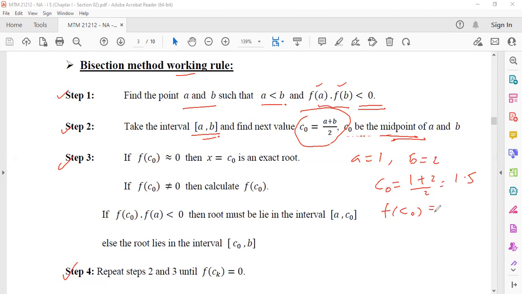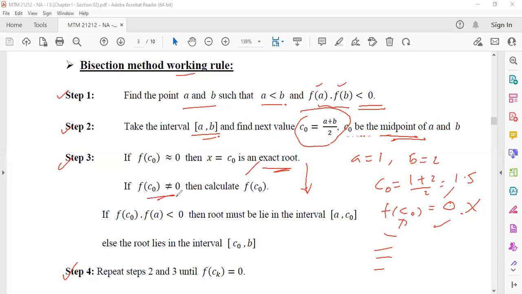So we are taking f of c naught. Let's say if it is 0, we stop. We got that, that is the root. We don't need to go to another iteration. Rarely it happens. If you get the midpoint, substitute, and it is 0, that is the exact root. You don't need to go again. So that is one case.